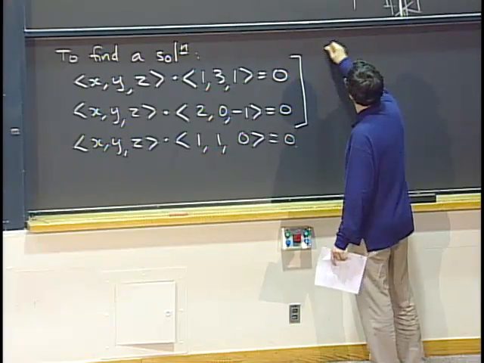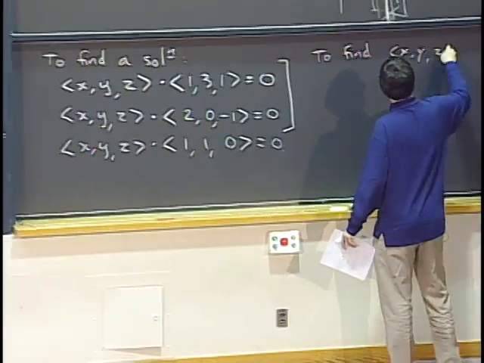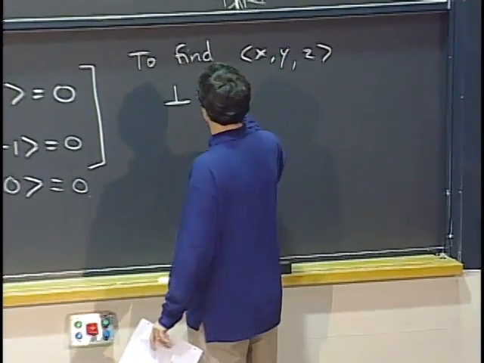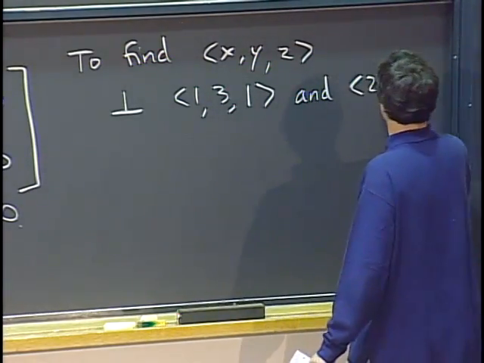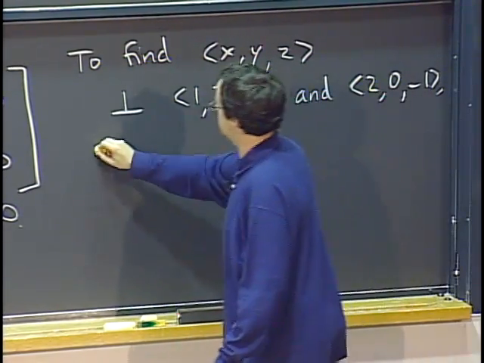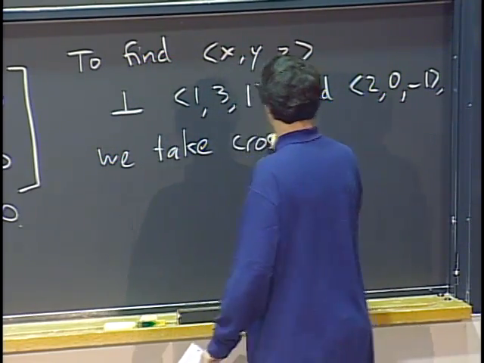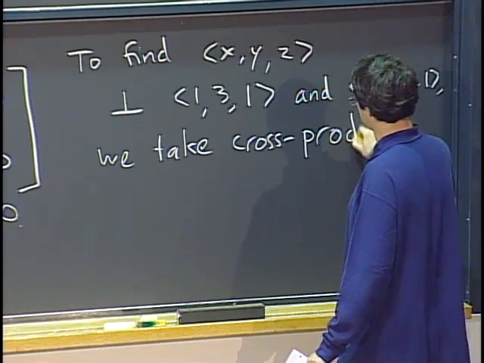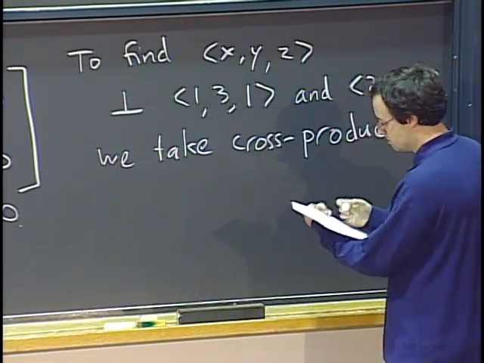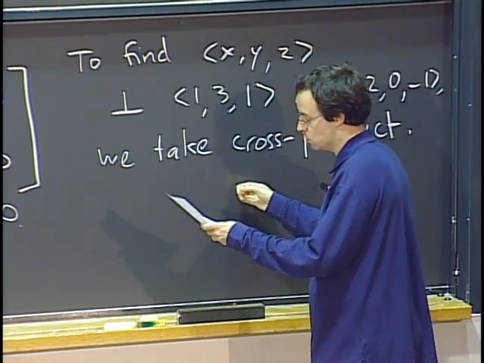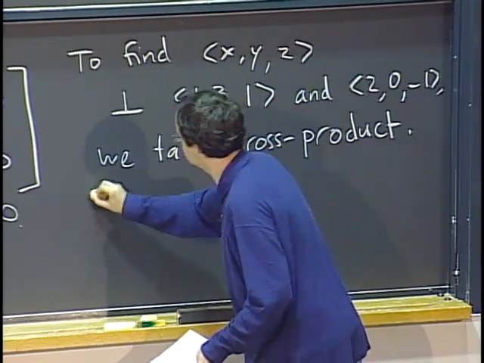So to find xyz perpendicular to 1, 3, 1 and 2, 0, negative 1, we take their cross product. And that will give us something. Well, let me just give you the answer. I'm sure you know how to do cross products by now. I don't have the answer here, so I guess I have to do it.